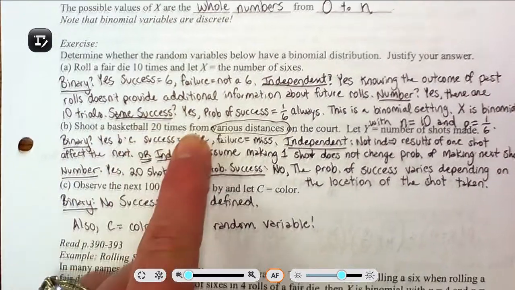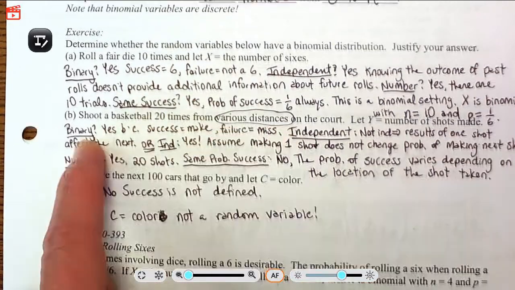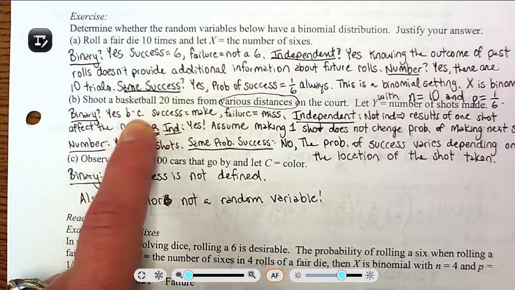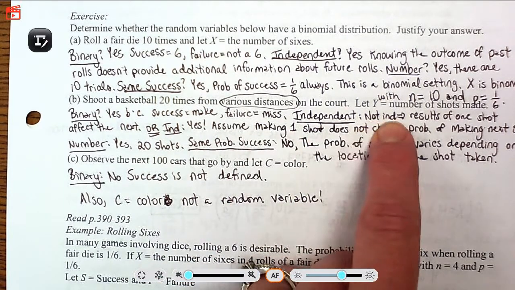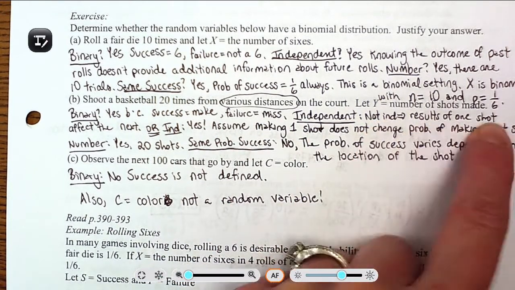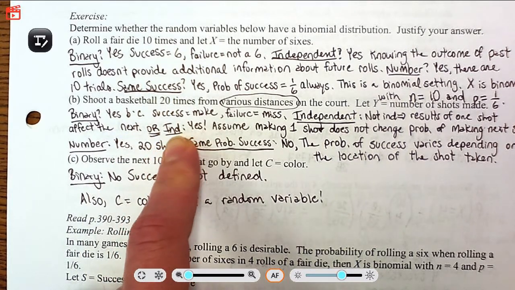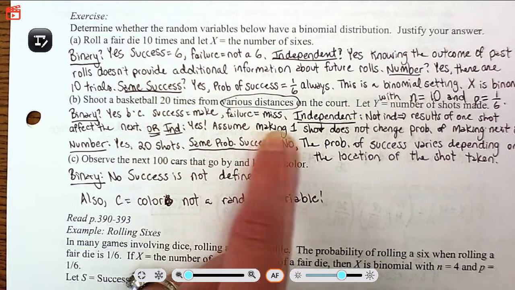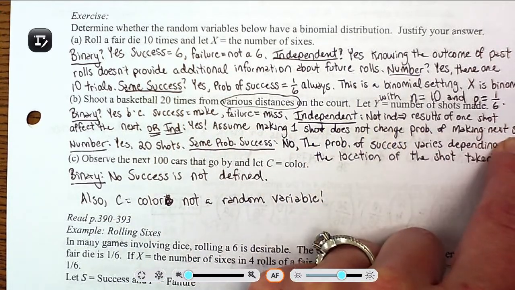Shoot a basketball 20 times from various distances on the court. Let y equal the number of shots made. Is this binary? Yes, because success equals a made shot, failure equals a miss. Independent? This is not independent because the results of one shot do affect the next. Or you could argue it is independent because, assuming making one shot does not change the probability of the next shot.